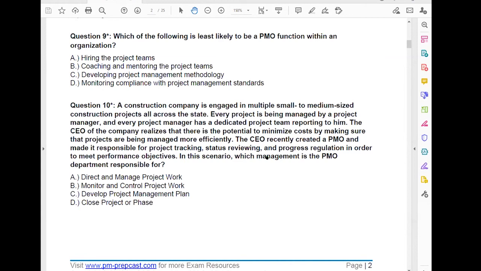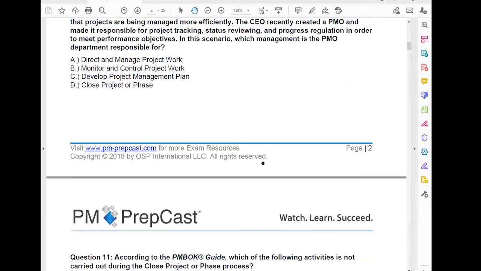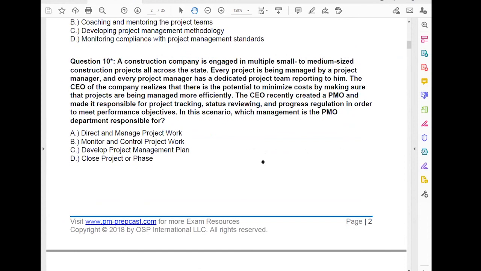Okay. Go to number 10. Last question for this topic. A construction company is engaged in multiple small to medium-sized construction projects all across the state. Every project is being managed by a project manager, and every project manager has a dedicated project team reporting to him. The CEO of the company realizes that there is the potential to minimize costs by making sure that the projects are being managed more efficiently.